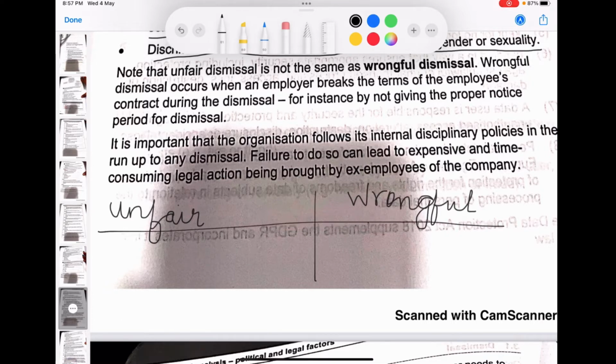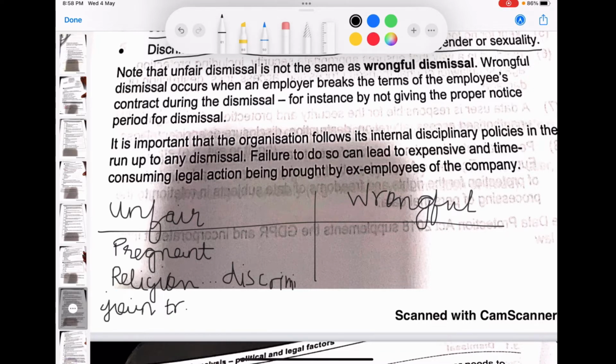Unfair is when a person is dismissed because they are pregnant, or they have parental leave, or based on their religion, caste, gender, and other forms of discrimination, or if they join trade unions. If these are the reasons for an employer to dismiss somebody, it's unfair.